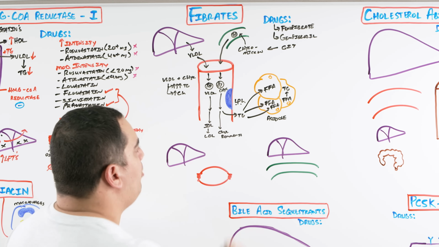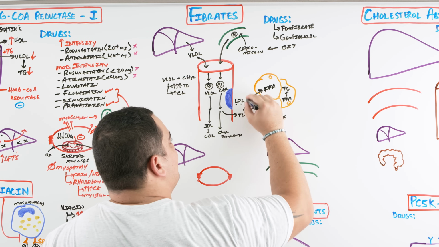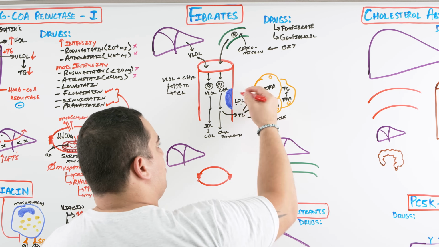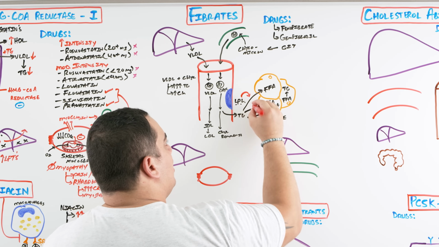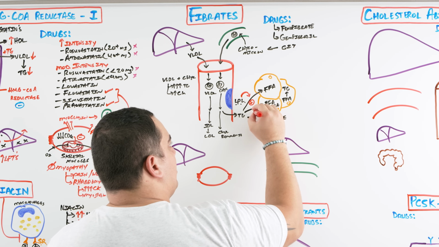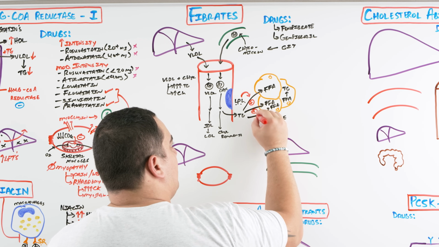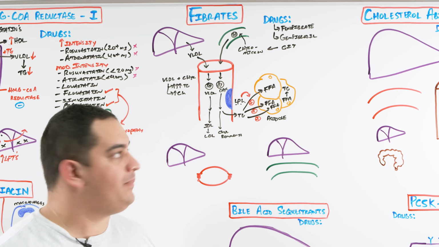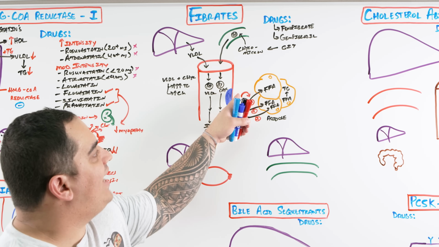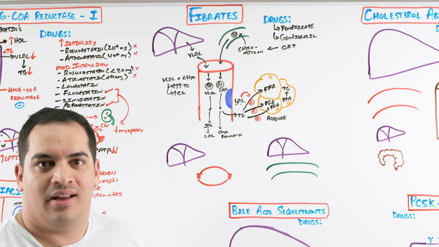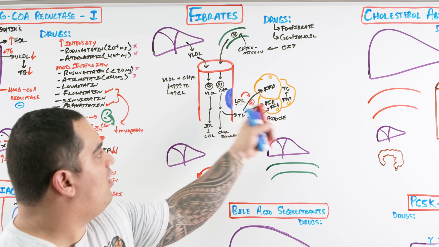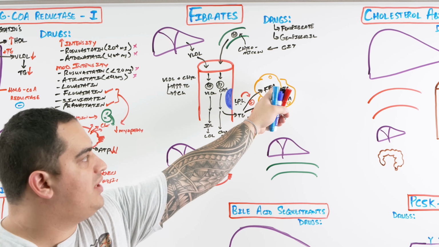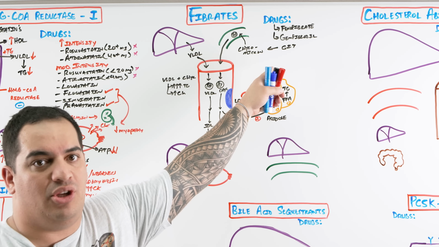Concept there, done. LPL is utilized in this step here. So what LPL does is, we'll do it with this red arrow, LPL works here to stimulate this particular pathway. That's what it does. What if I had a drug that could really enhance the activity of this lipoprotein lipase, and it just sucks all the triglycerides away from the VLDL and the chylomicrons, puts it into adipose tissue or into skeletal muscle to be utilized for energy?